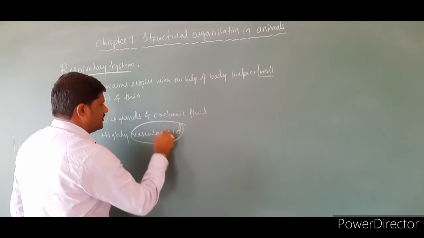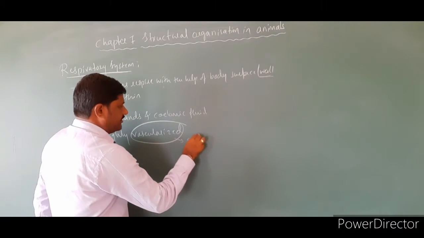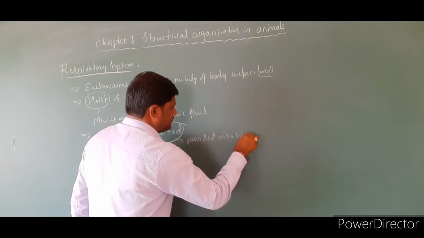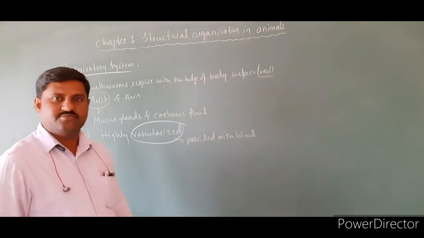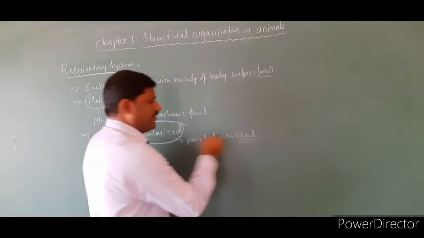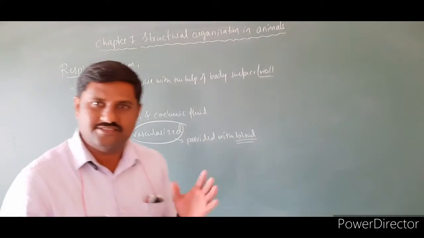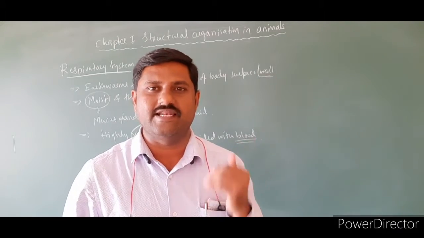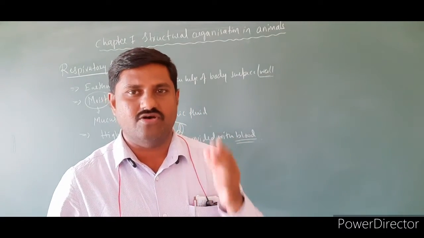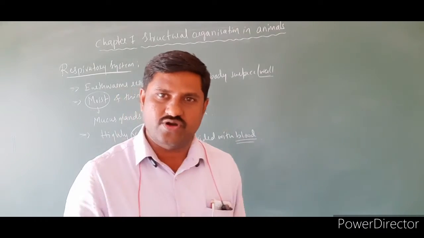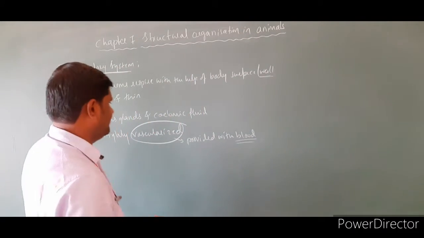Vascularized means what? It is provided with blood. Since blood is provided in the skin, and it is highly vascularized, it is very easy to take in the air or oxygen, and it is carried by the blood through the body of these animals, right?